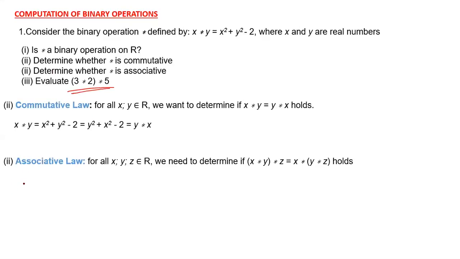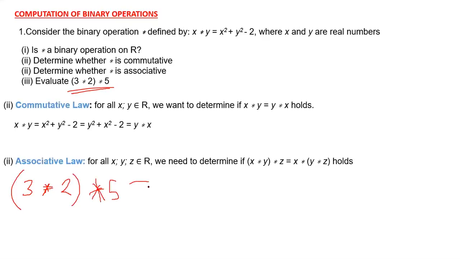So you're going to have your 3 star 2 star 5. Meaning you first start with 3 star 2 in brackets like that, and then star 5.